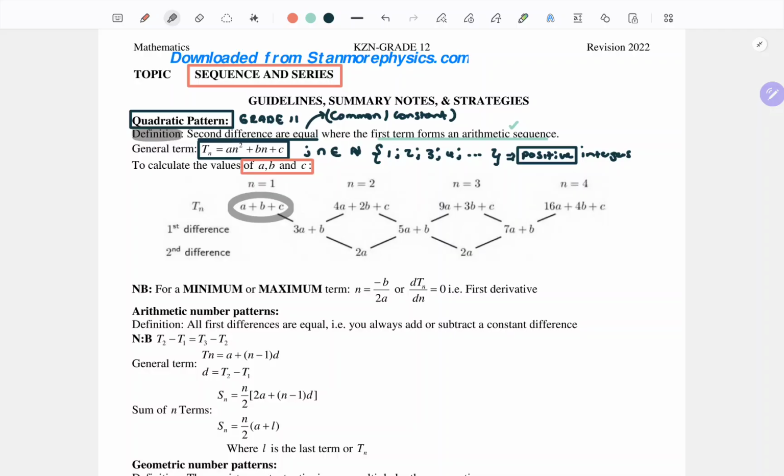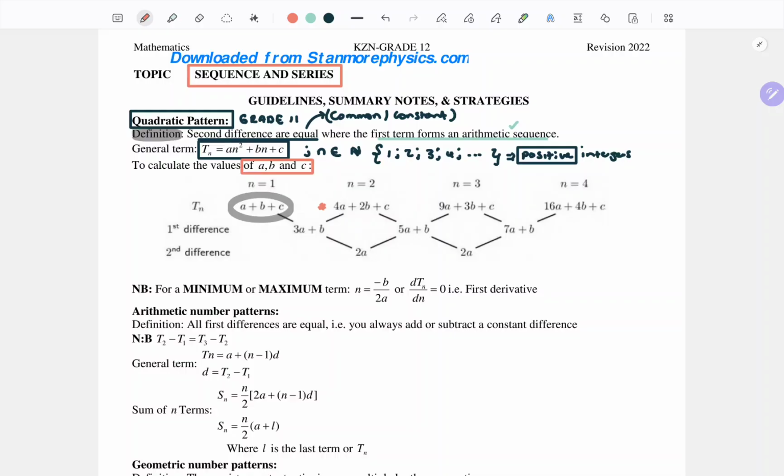In general, the very first term of a quadratic sequence can be expressed by a plus b plus c. Then the second term, when we plug in 2 where n is, we get 4a plus 2b plus c.